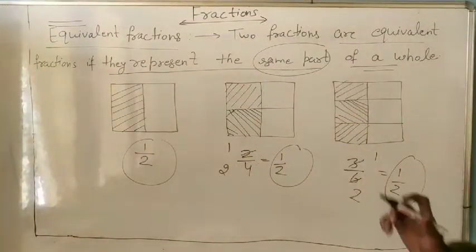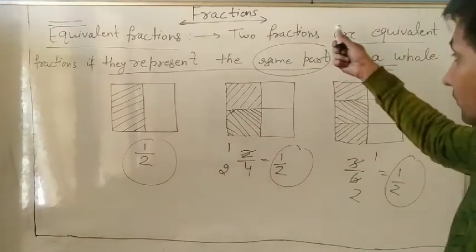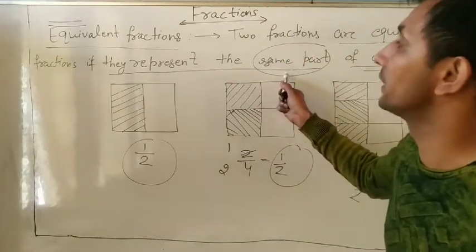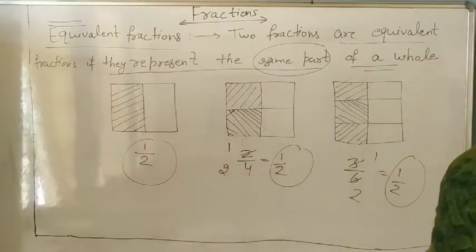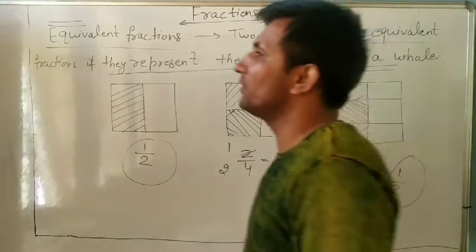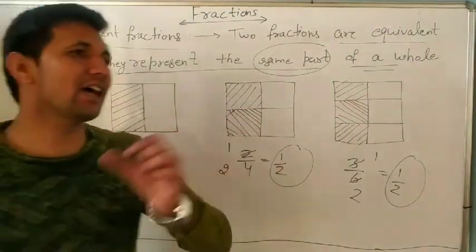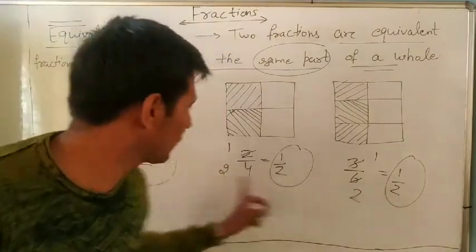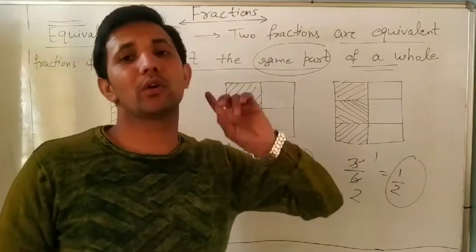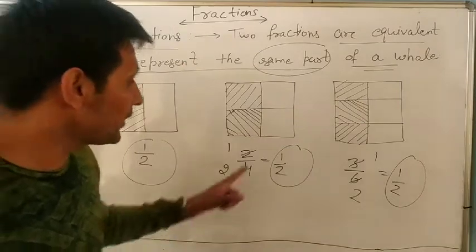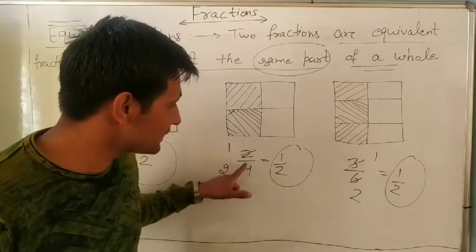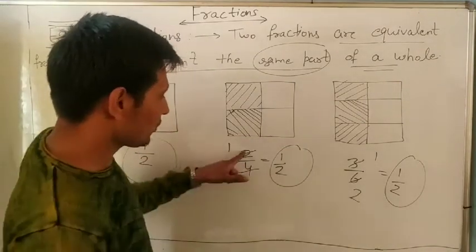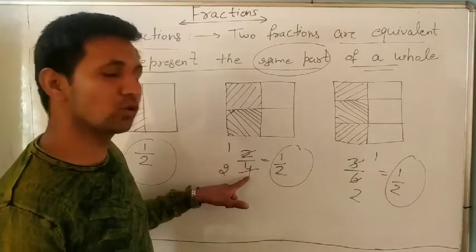So always remember, equivalent fractions mean they represent the same part. In simple language, two fractions are equivalent if they are equal: 1 upon 2, 1 upon 2, 1 upon 2. Understand or not? But you have to first solve this fraction. 2 1s are 2, 2 2s are 4, 1 upon 2.